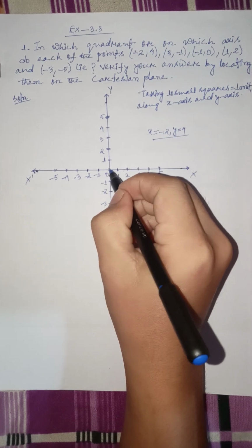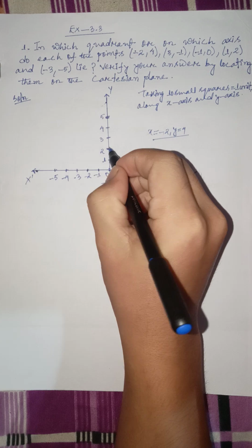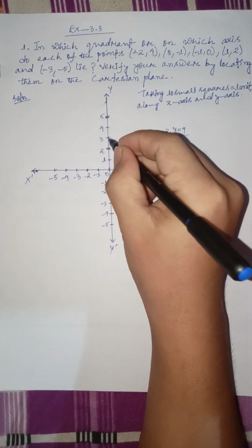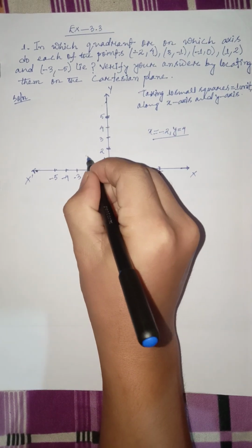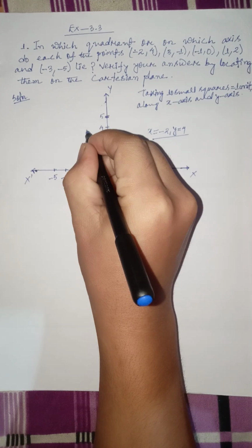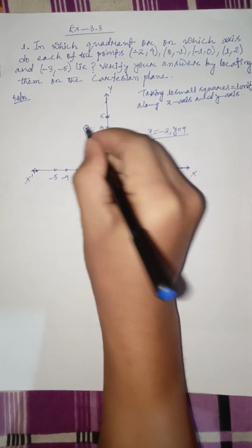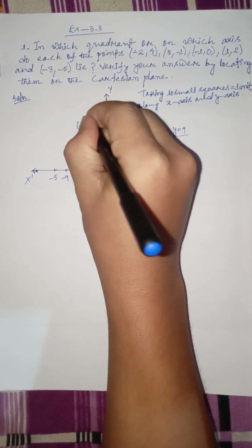We have to count y, but in which direction? We have to count it in the positive direction. What is this? It is 4. 1, 2, 3, 4, right? Now let us mark it like this. It is 4. Let us name this as minus 2, 4.